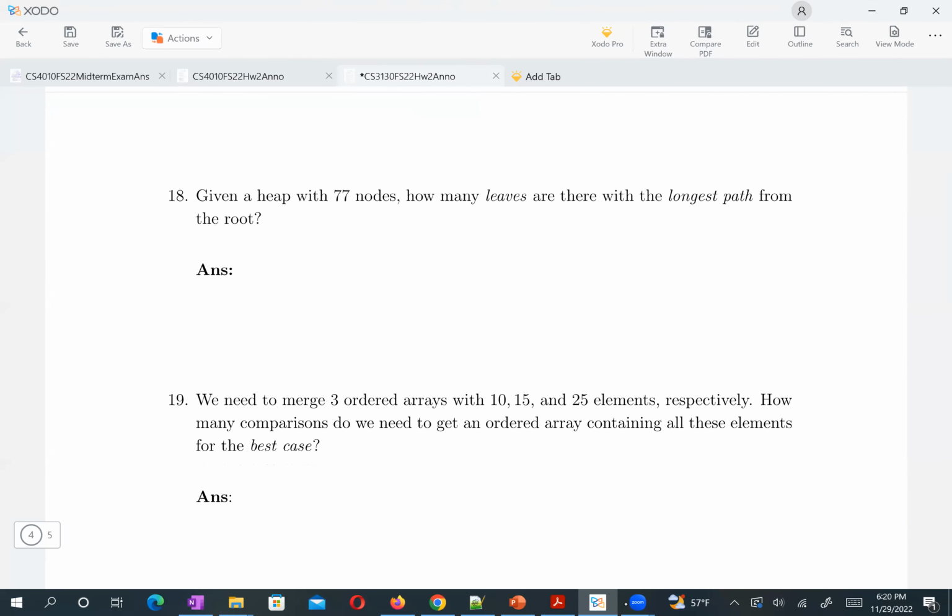Number 18, n equals 77. How many leaves are there with the longest path from the root? Here the situation is like this. For a typical heap, let me just draw a few more nodes. Suppose this is a typical heap.